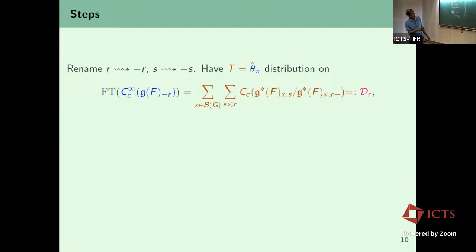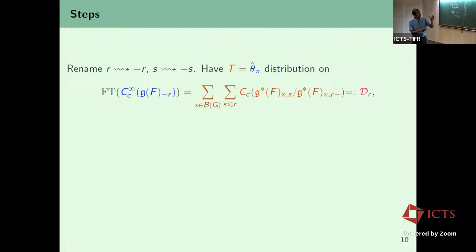Okay, so let me just summarize that. I have just renamed R to minus R and S to minus S because we have Fourier transformed, so we don't want minuses around. So if you take T to be the Fourier transform of this distribution theta pi, and we are thinking of it as a distribution on C_c infinity of G of f minus R. Why?